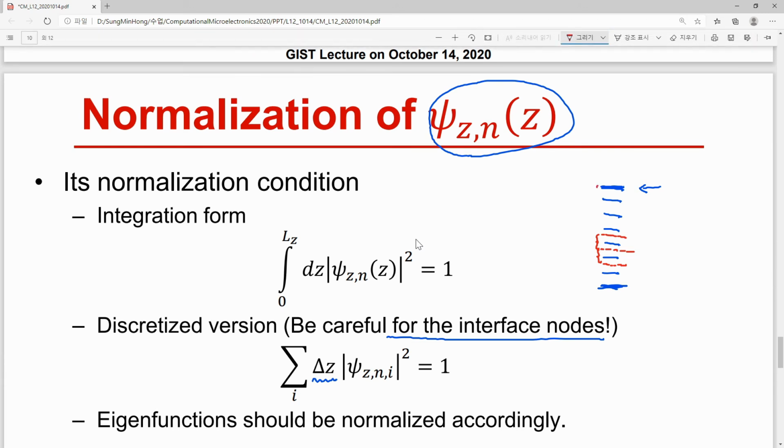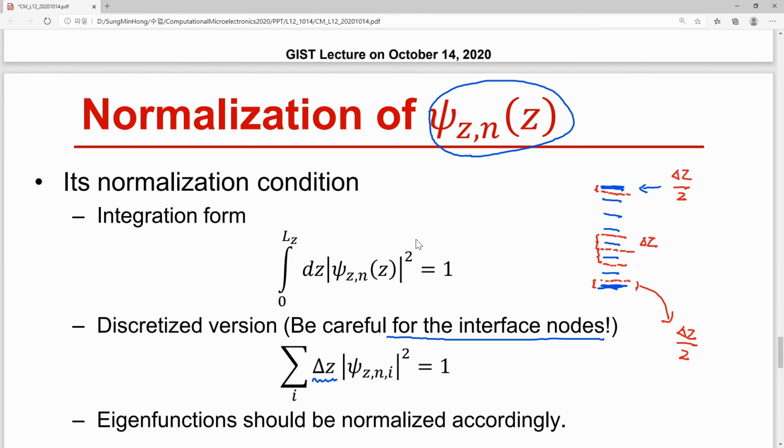However, for the top interface node or the bottom interface node, you have just half of delta z instead of full delta z.